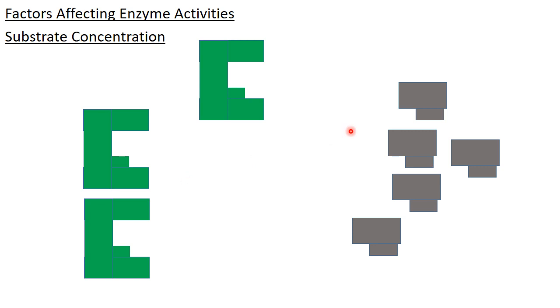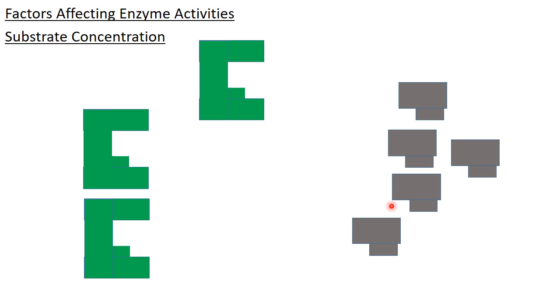So when this happens, the rate of reaction will be slow because the substrates are not many as compared to the enzymes. However, if we increase the substrate, let's say there are 2, these 2 substrates are going to fit into these 2 enzymes, and therefore the reaction will be faster because there are more substrates being worked on. So as you keep on increasing the number of substrates, the reaction rate is going to increase.